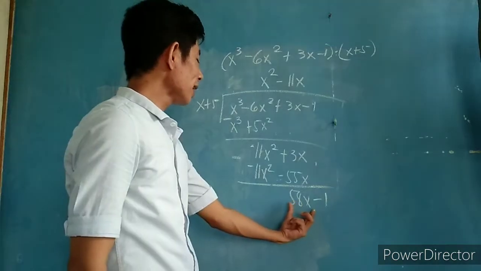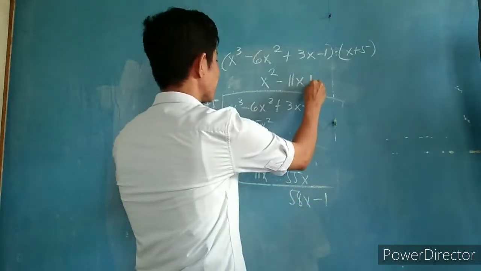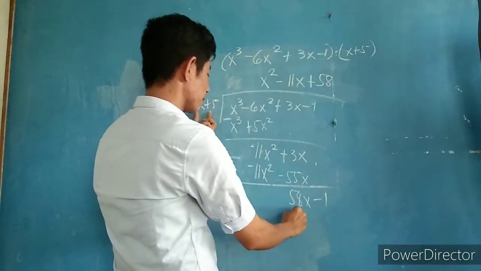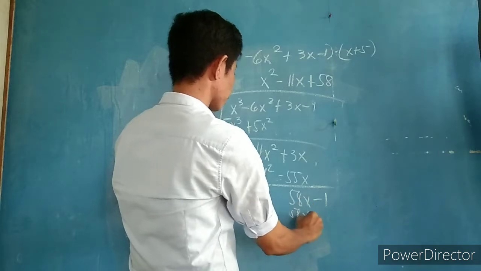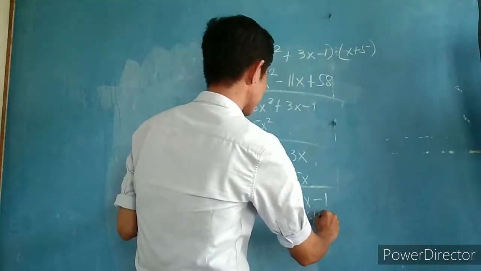So 58x divided by x is positive 58. 58 times x is 58x. 58 times 5 is positive 290.